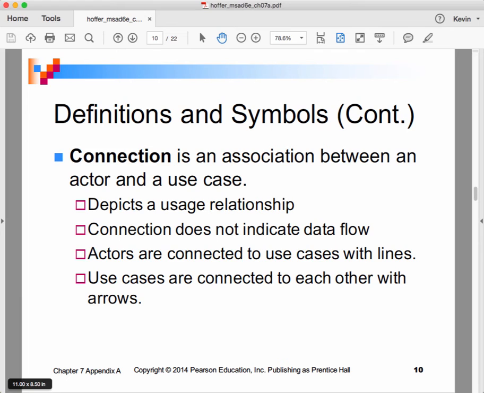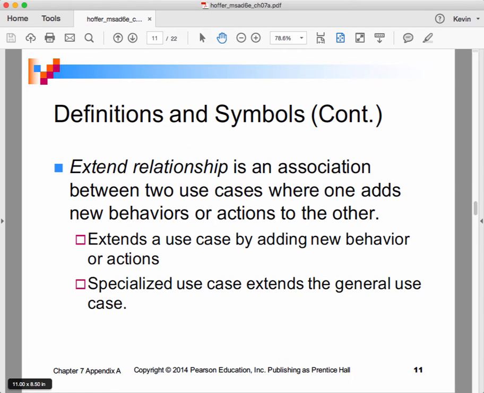Use cases are only connected to each other when we're using those use case relationships, which we're not. So the last of the bullets here we're going to say is not something that we're going to do.